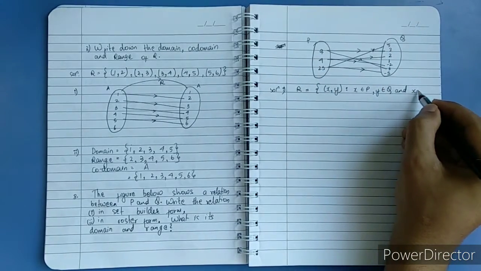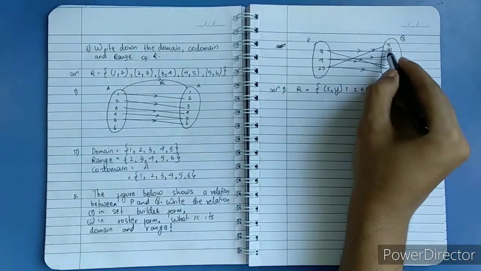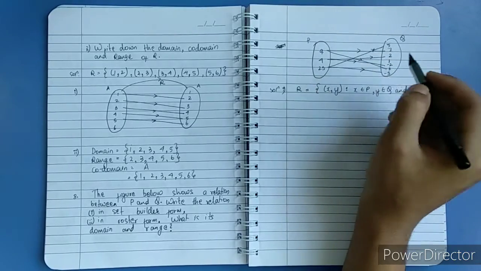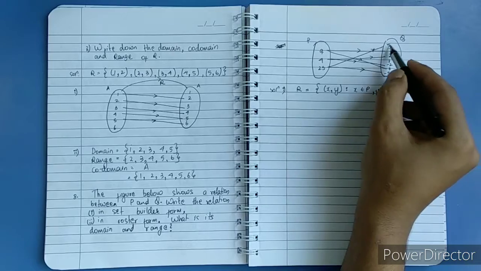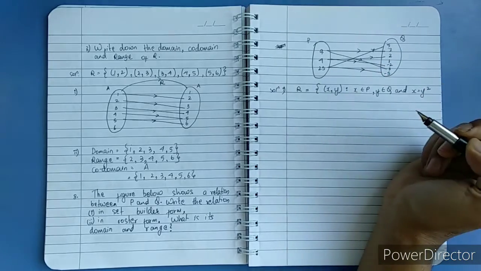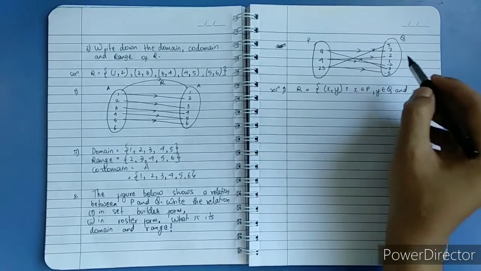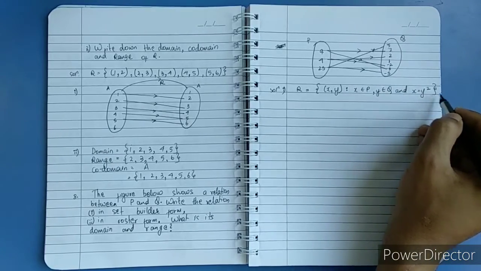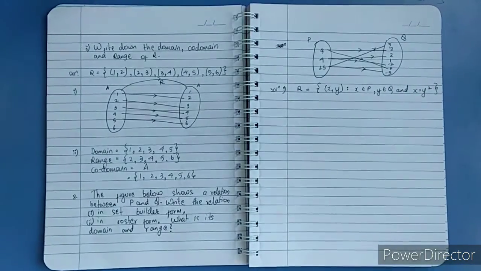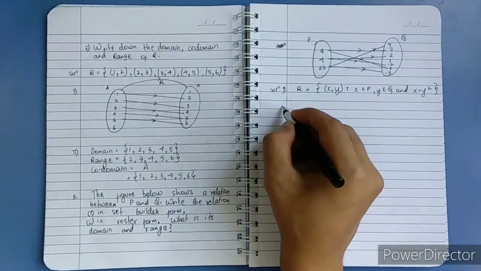So x equals y square. 3 square 9, minus 3 square 9, 2 square 4, minus 2 square 4, 5 square 25, minus 5 square 25. We didn't have a 1 anywhere, so x equals y square. So this is our relation in set builder form.